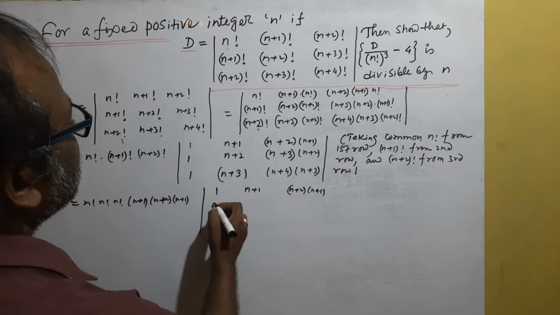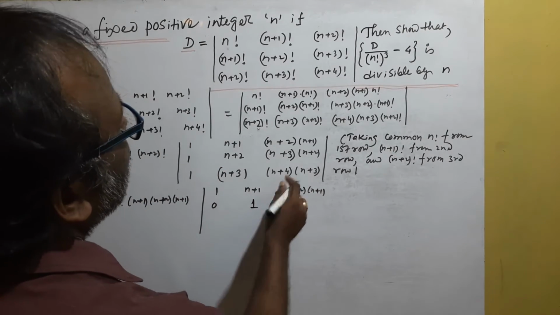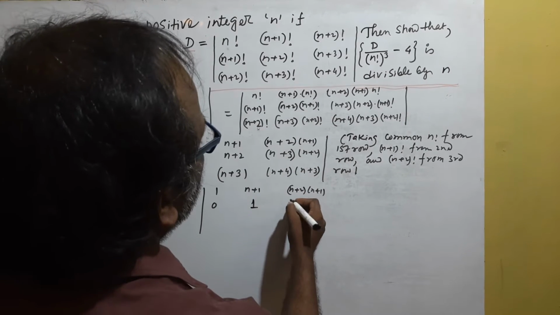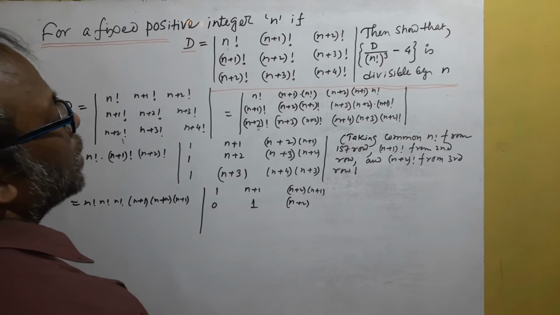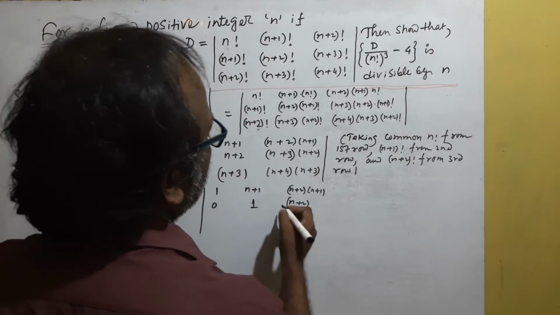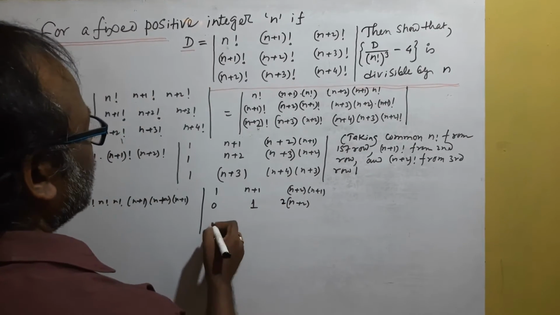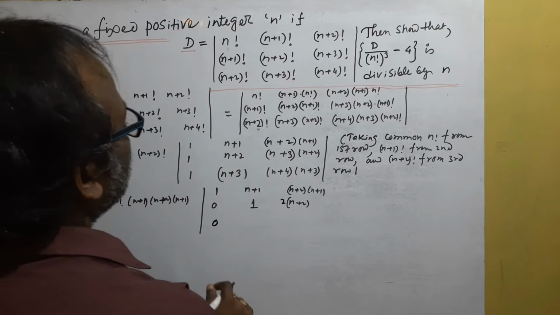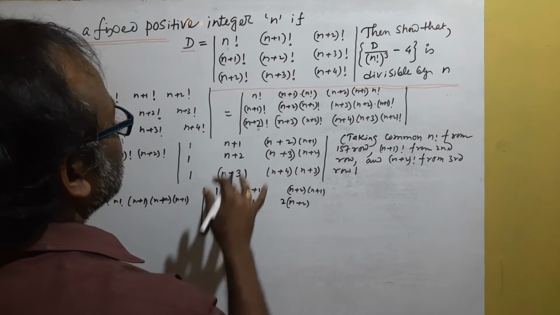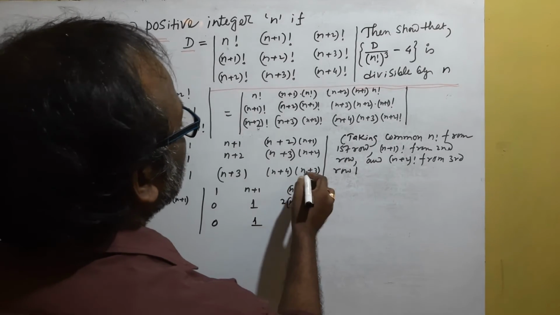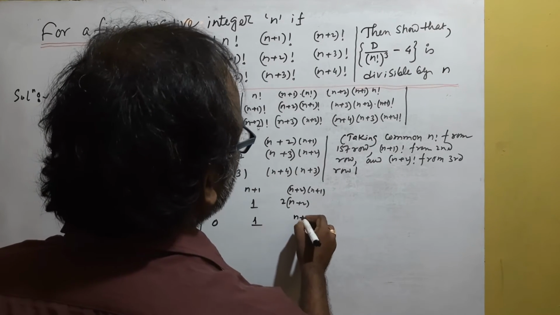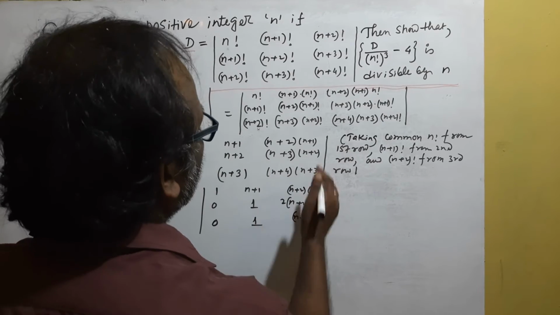Doing this minus this is 0, so here is 1, this minus this is n plus 2, and this minus this is 2. Then second row minus first row, third row minus second row. So here is 1, and taking common n plus 3, then this minus this.